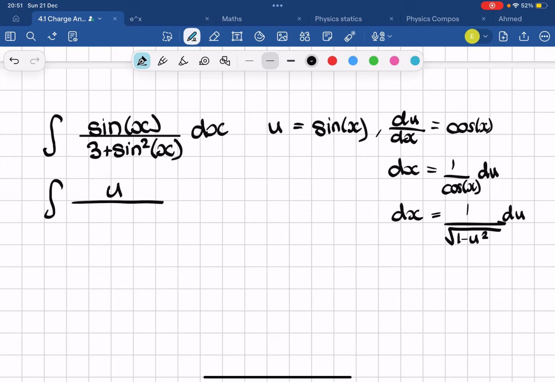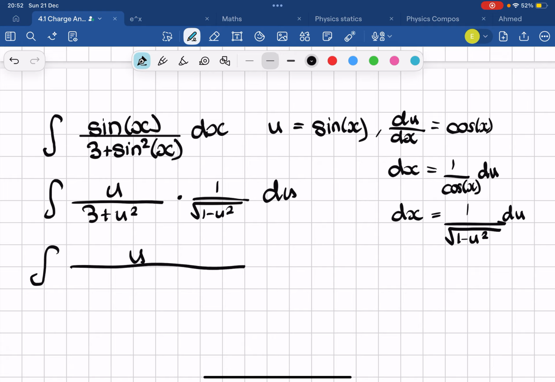Right, let's do some substitution. So u over 3 plus u squared, multiplied by dx, which is 1 over root 1 minus u squared du. Let's quickly combine our fraction. So we've got u over 3 plus u squared times root 1 minus u squared du.